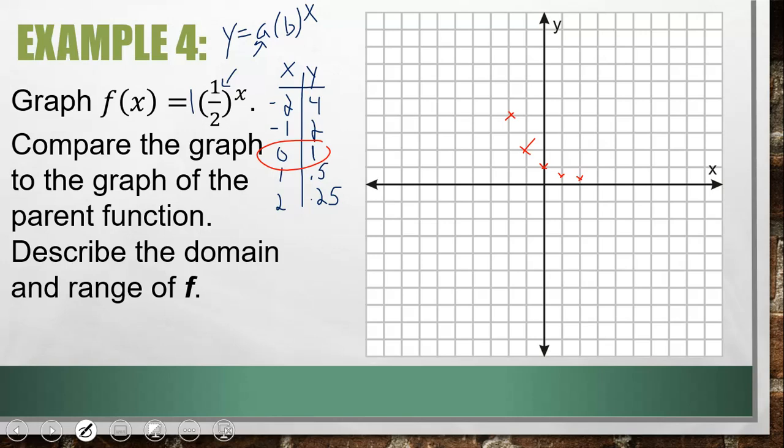And you end up getting a graph that looks like this. Once again, your domain is always going to be all real numbers here. Your range, once again, is y is greater than 0 on this one.